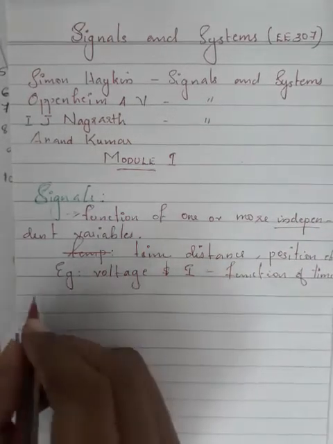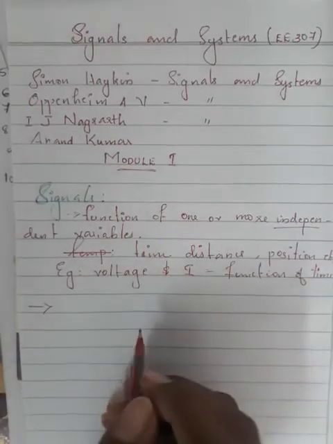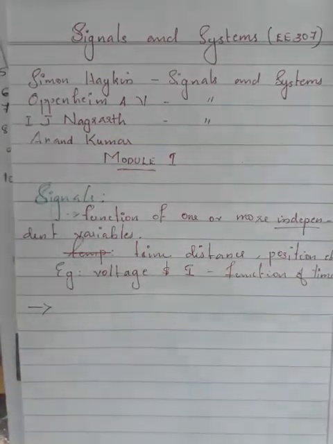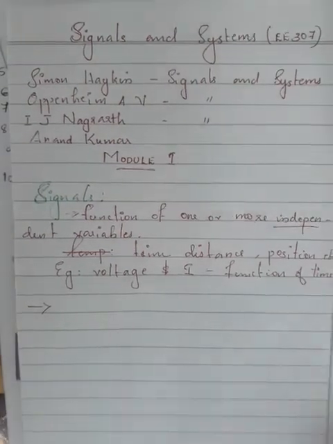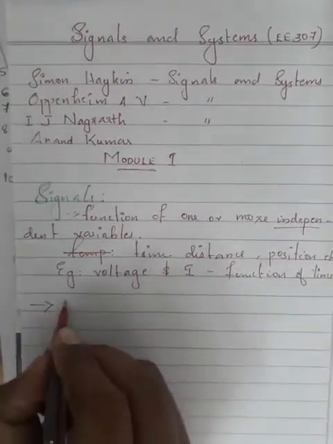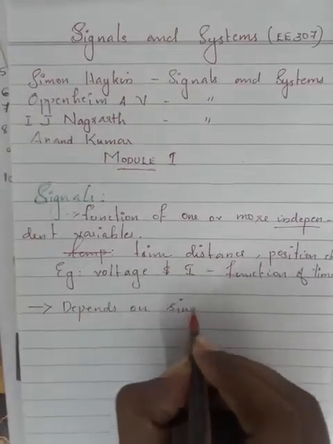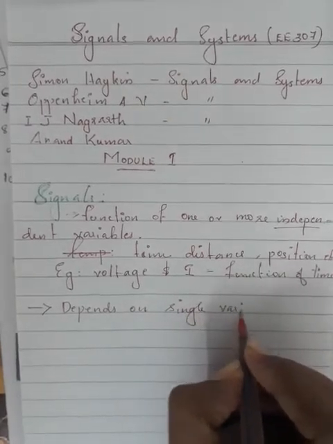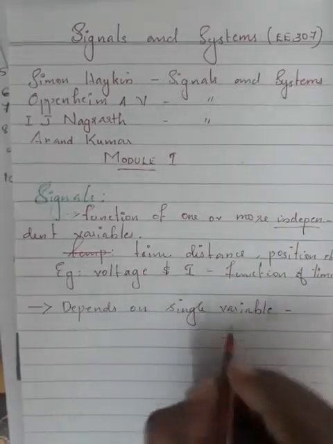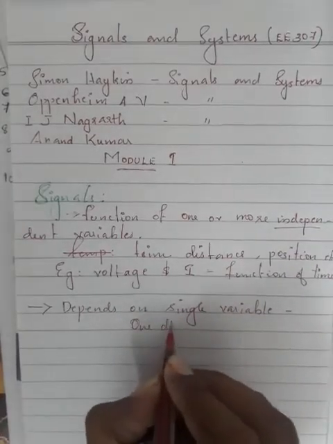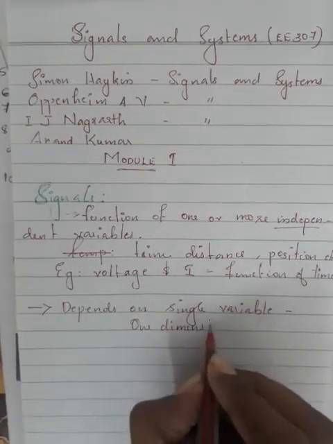If the function depends on only one independent variable, or the signal depends on a single variable, then we can say that it is one dimensional.